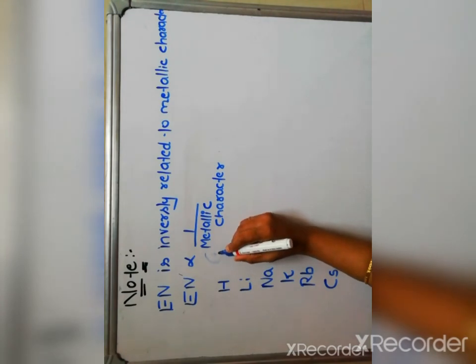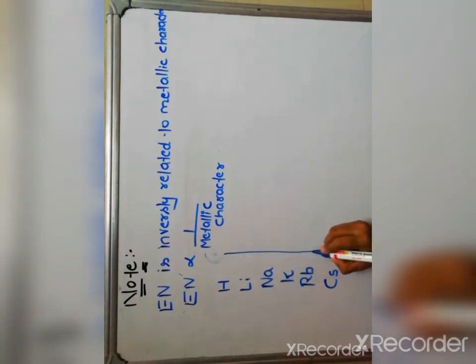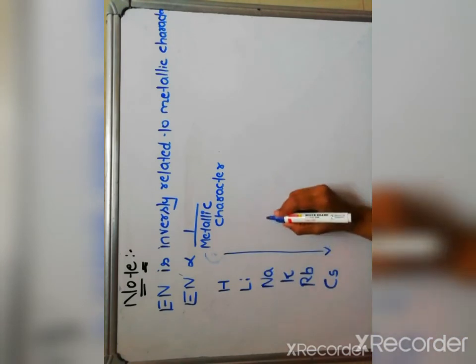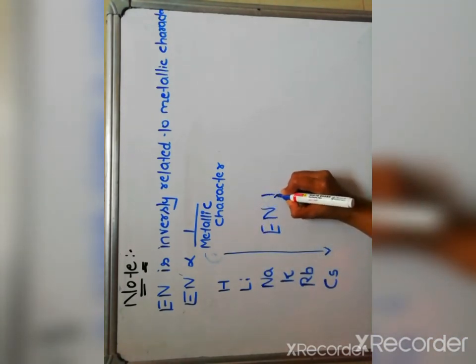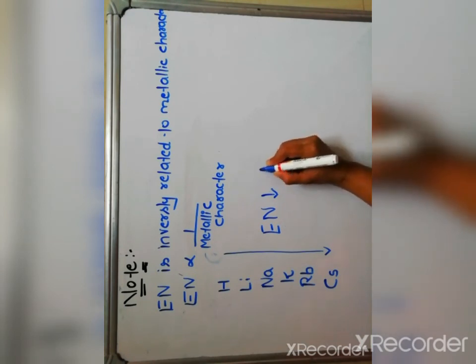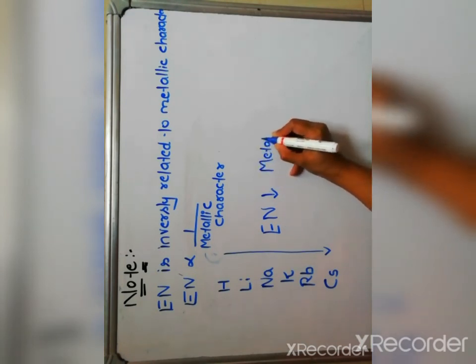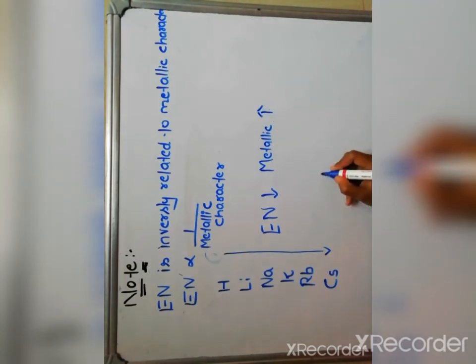We all know the variation of electronegativity in the periodic table. As we move down the group, what happens to the electronegativity? The electronegativity will gradually decrease. So if electronegativity decreases, what happens to the metallic character? Metallic character will gradually increase.